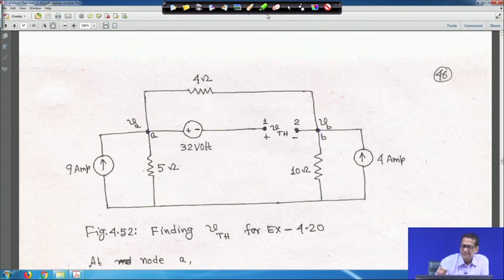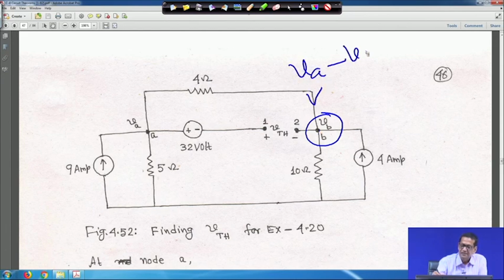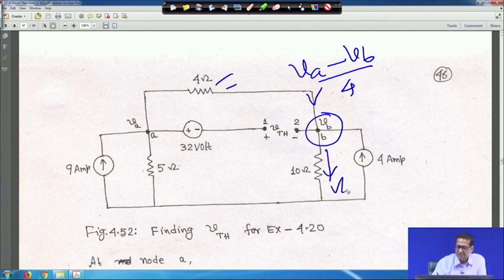Now, if you apply KCL at node B, the current entering through the 4 ohm resistance is (V A minus V B) by 4, the current through the 10 ohm resistance is V B by 10, and the 4 ampere current is entering.